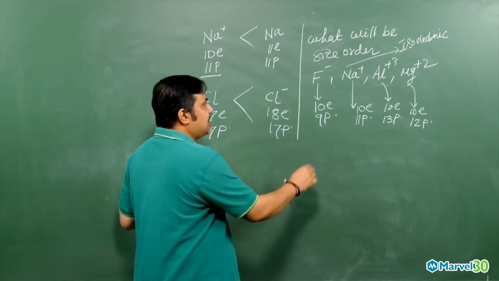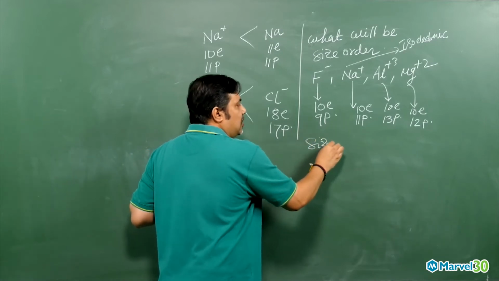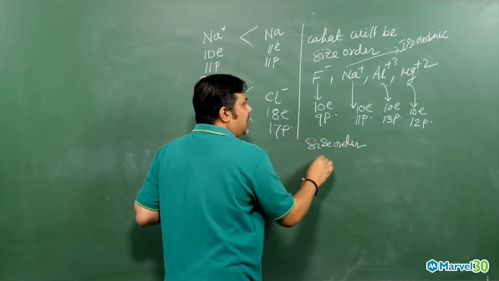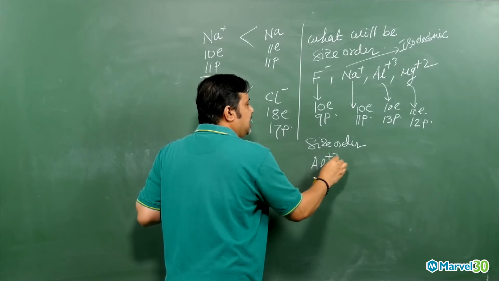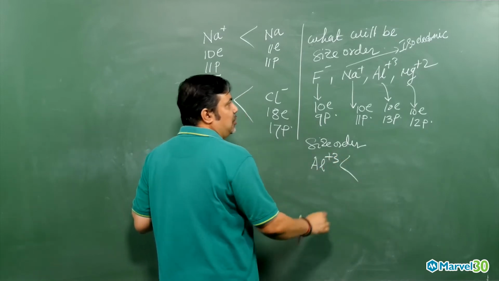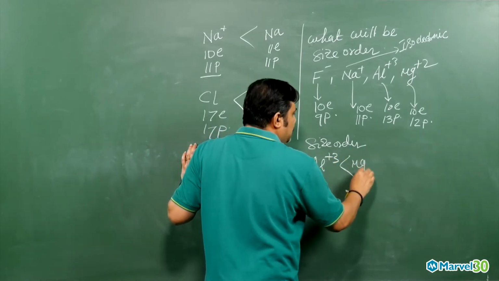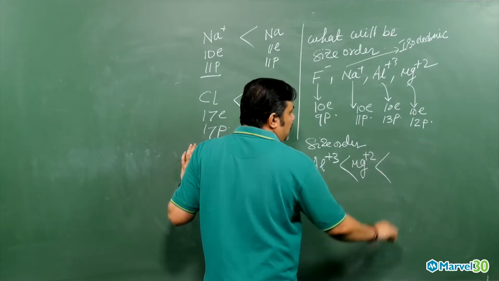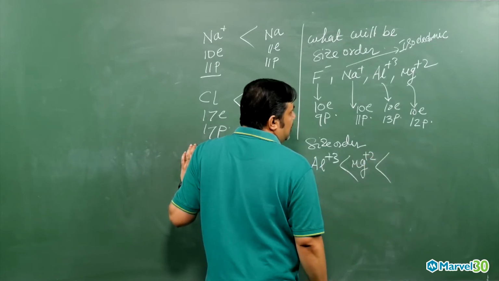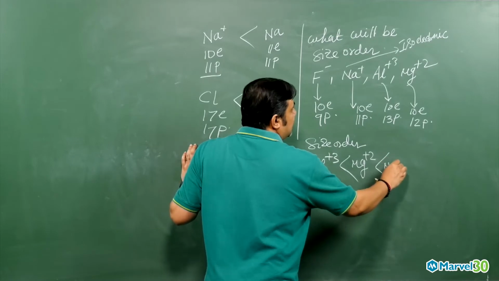So what will the size order be, my dear? Al plus 3 will be the least in size. Next, Mg plus 2 is larger than Al plus 3, Na plus is larger than Mg plus 2, and F minus is larger than Na plus.